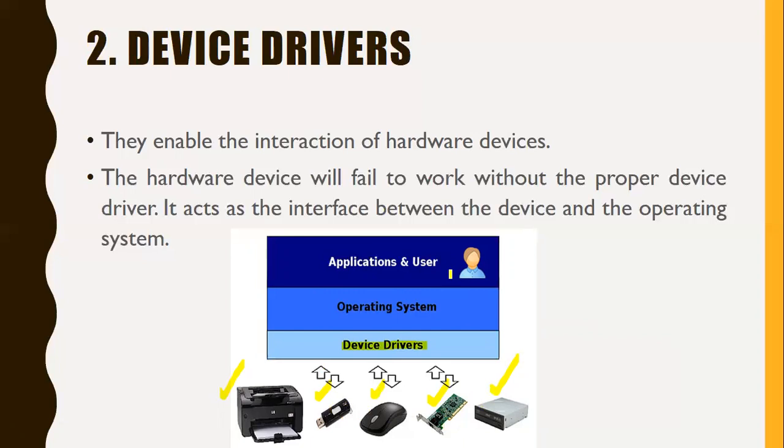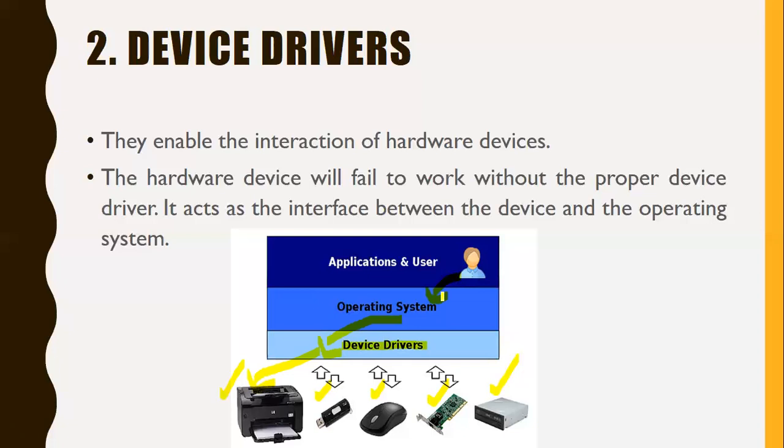When we want to use a printer, we give a command to the operating system. The operating system checks for the device drivers. If these device drivers are installed, then this printer will work and we can print out any document. Same is the case with all other devices. If we want to use this USB, the user will give a command to operate the USB.